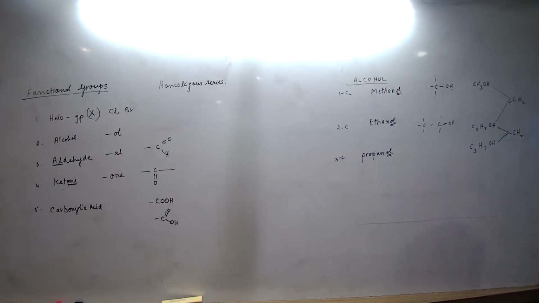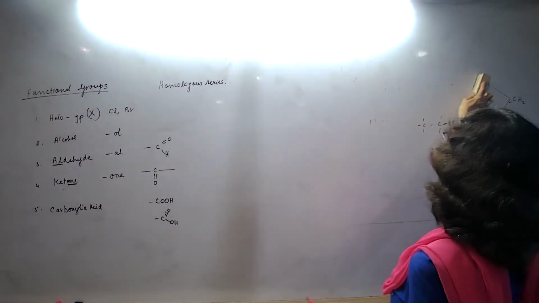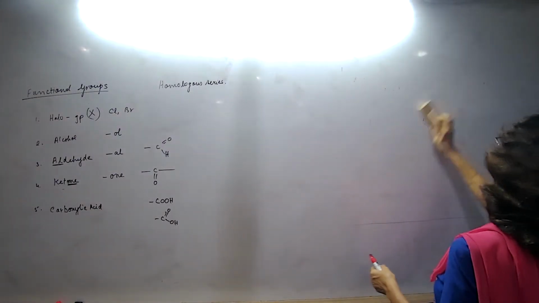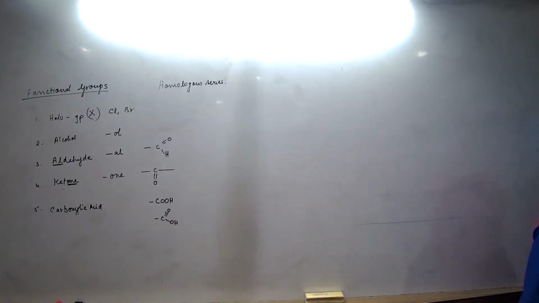Once you get an idea of how to go about it, it becomes very easy. These are not organic compounds. Anything that contains carbon, hydrogen, and oxygen are organic compounds. Okay, so those are the different functional groups.